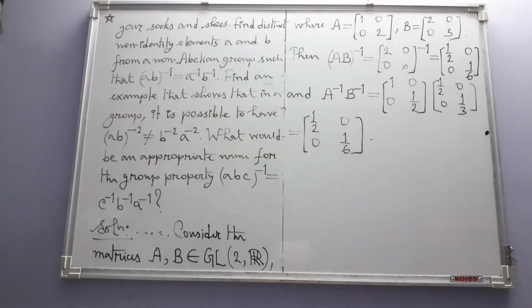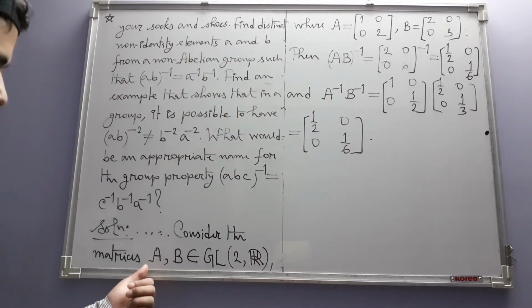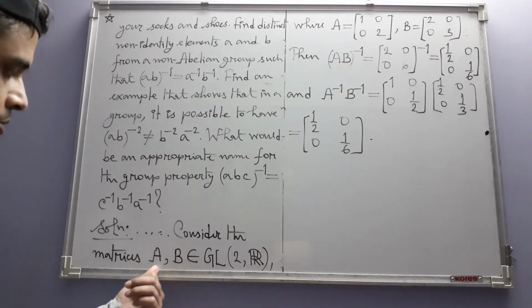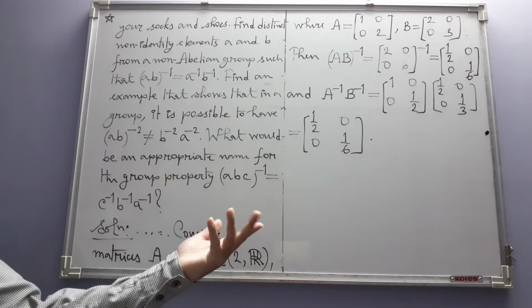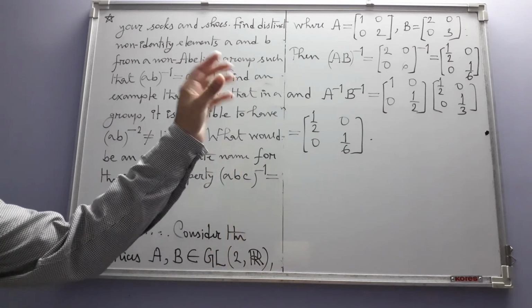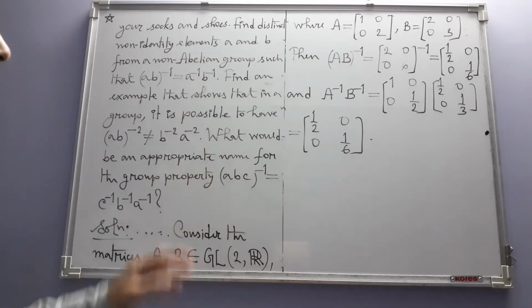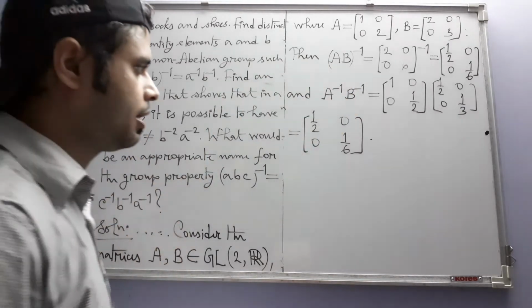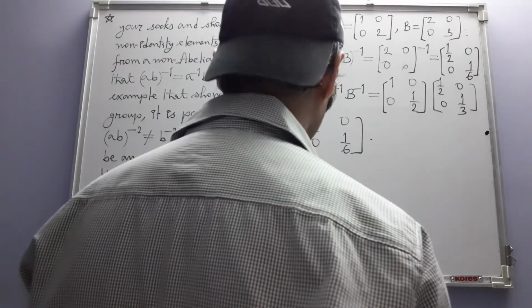So these two are equal in spite of having them from a non-abelian group, and note that these are non-identity elements. None of them is equal to the 2 by 2 identity matrix, but still we have this. Okay, so it can happen in a non-abelian group.